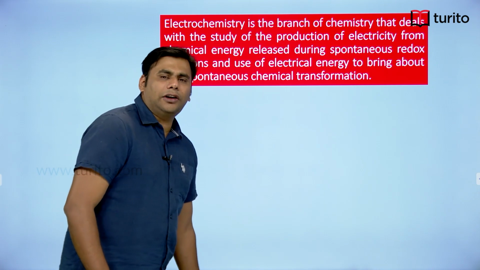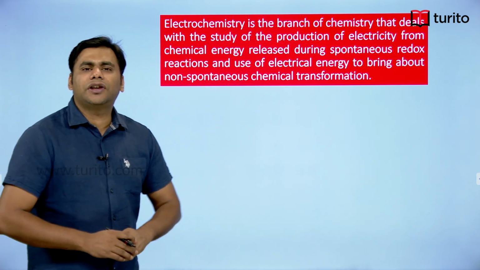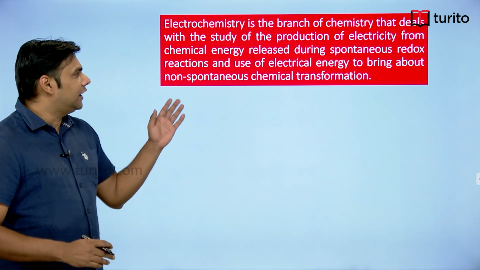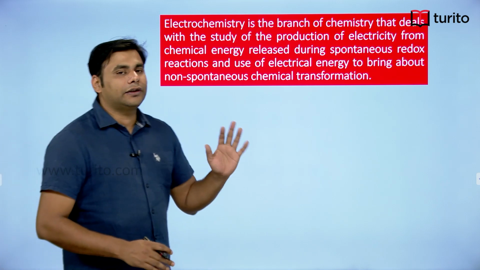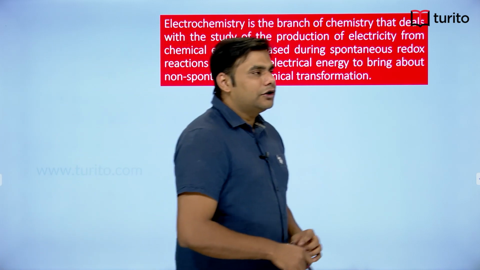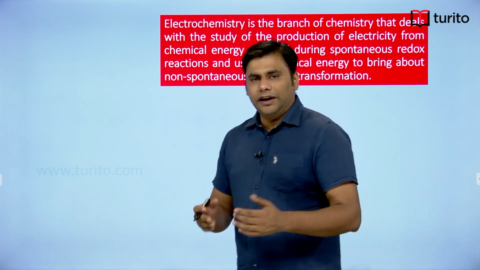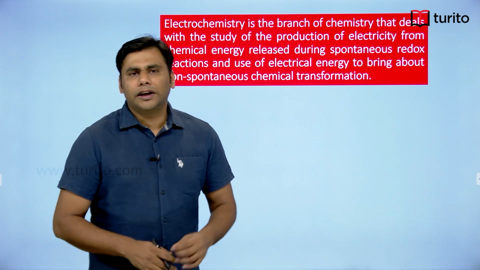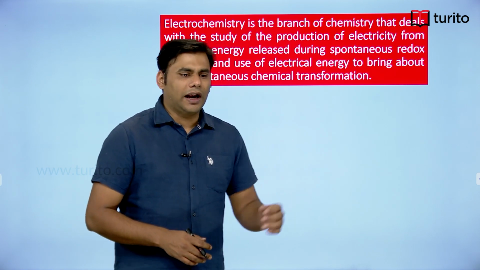Electrochemistry is the branch of chemistry that deals with the study of production of electricity from chemical energy released during a spontaneous redox reaction. This is a common observation at home: you can draw current from a battery.